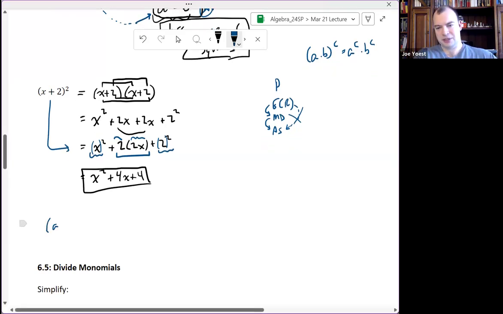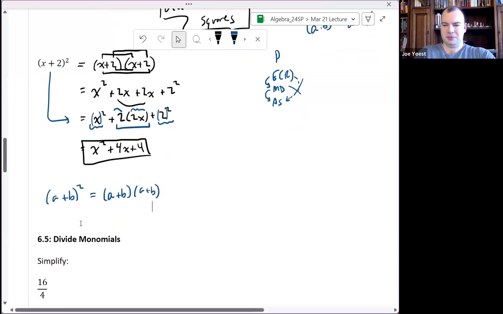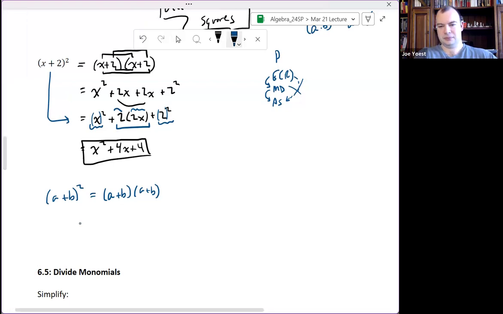What do I mean by that? Say a plus b squared. Let's see what we get in terms of a and b. Again, we write out a plus b times a plus b. When we FOIL, our firsts give us a squared. Outside gives us plus ab.